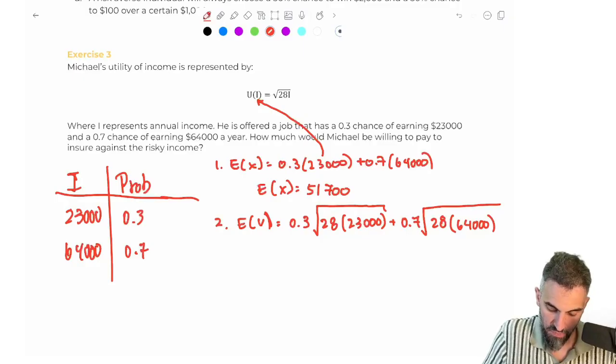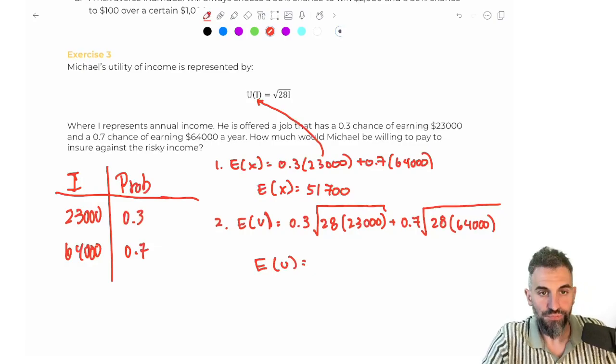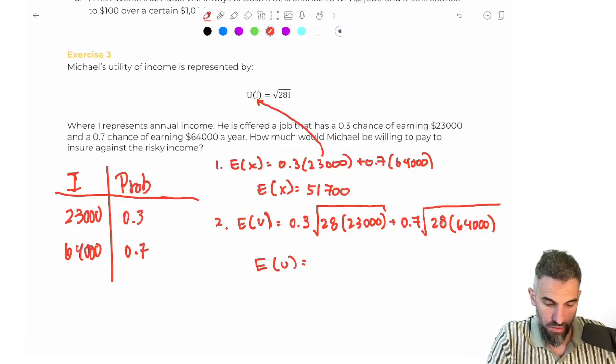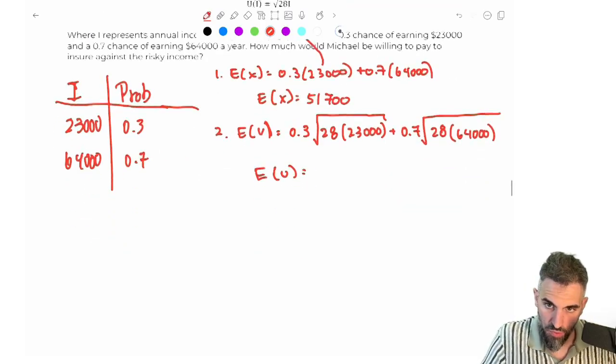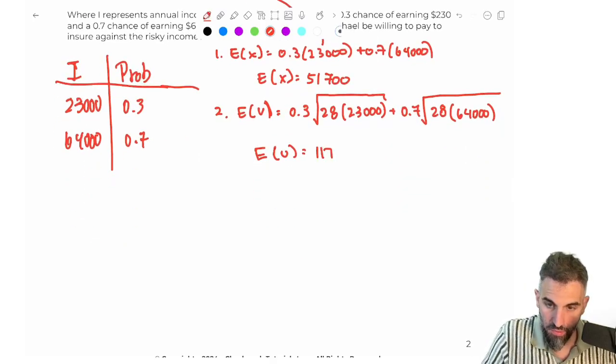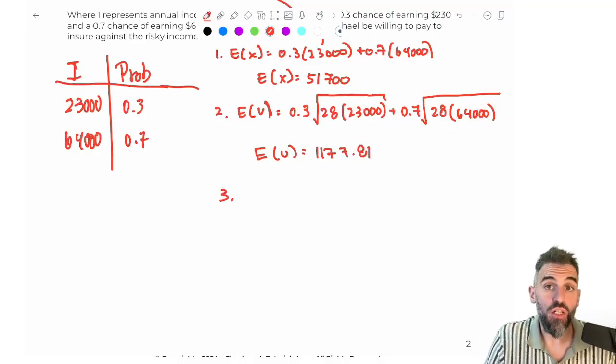And we get our expected utility. So I got 1,177.81.